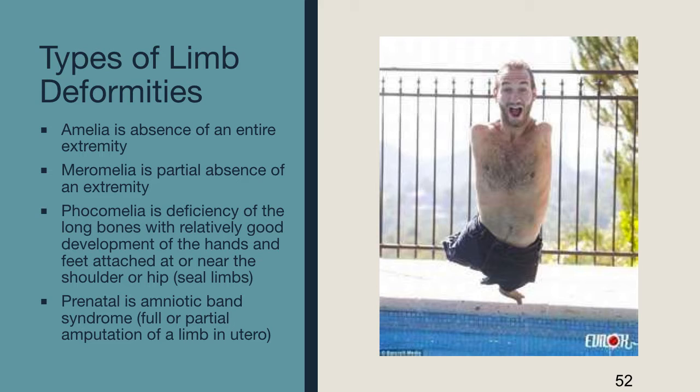So that's what happened with the medication that was given in the 1950s to prevent abortion or spontaneous abortion, and miscarriage is the other word that we use for that. And so it caused these limb deformities that's known as phocomelia. And then we talked about how prenatal amniotic band syndrome can affect this as well.